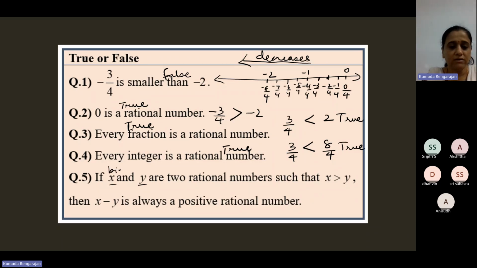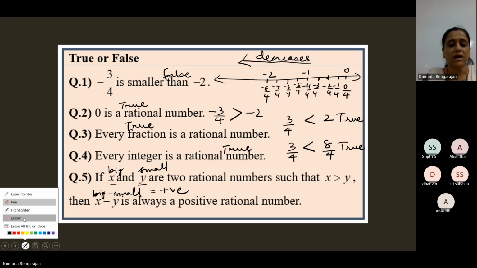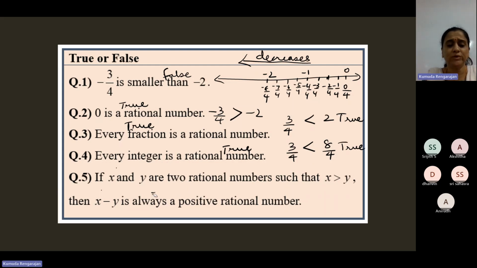This is big. This is small. When you find big number minus small number, the answer will be positive. We don't know what the answer can be because we don't know the numbers, but it will be positive. It won't be negative. Negative will be when you do small minus big, like 10 minus 20, it's minus 10.